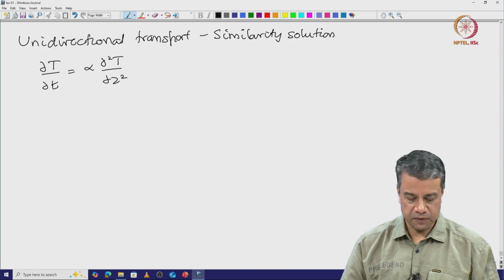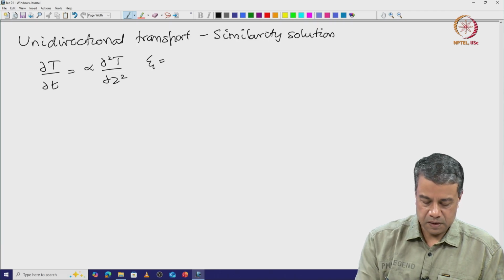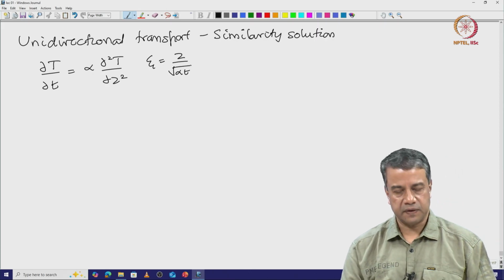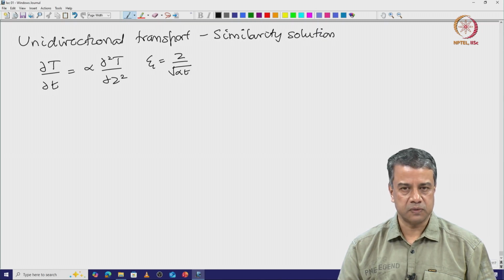In both of those cases, we were able to reduce it to a similarity solution using the transform z by root alpha t, a dimensionless variable, a dimensionless group, which contains both of these coordinates.